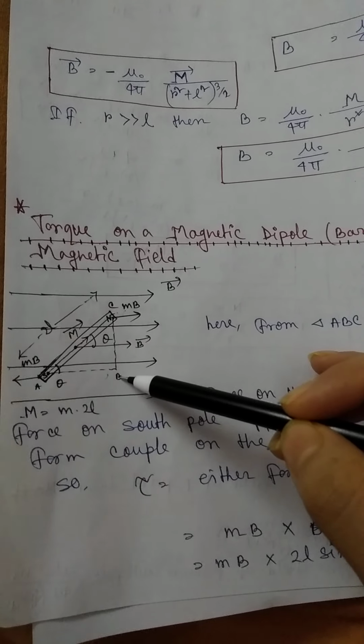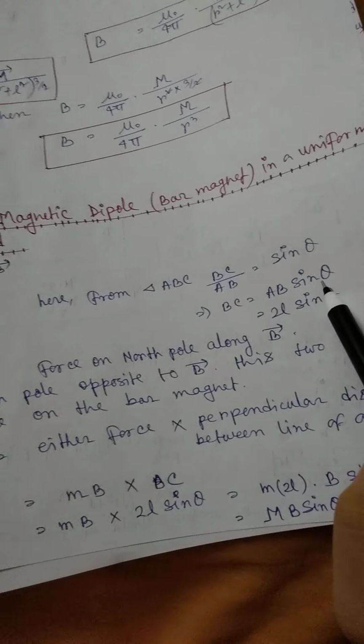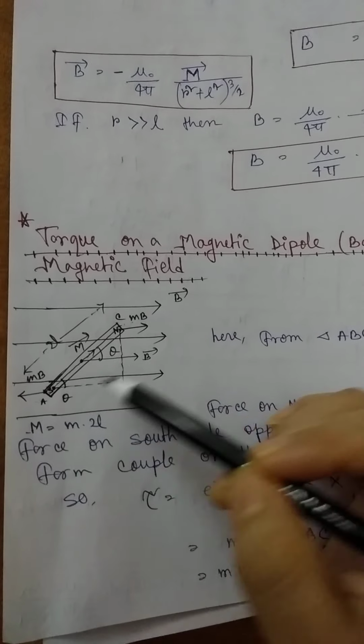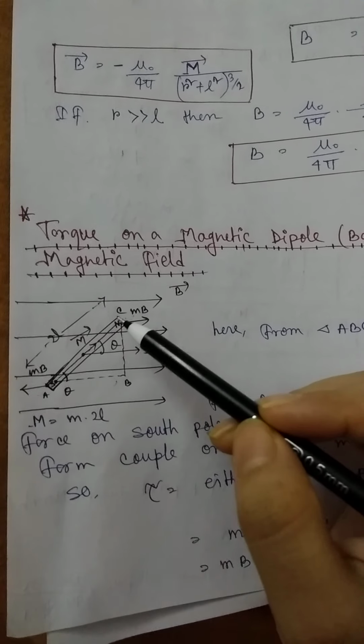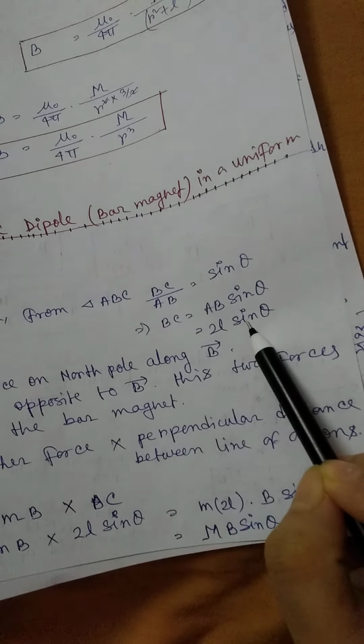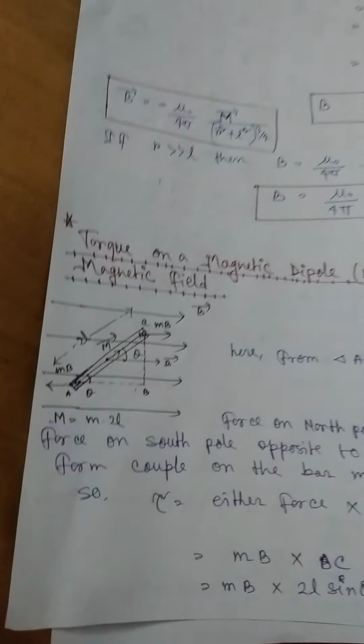So BC represents the perpendicular distance between these two lines of action. What is the value of BC? BC equals AB sin theta, right? Because if we take the right angle triangle ABC, then BC by AC equals sin theta. So BC equals 2l into sin theta, because AB equals 2l, which is the length of this bar magnet.